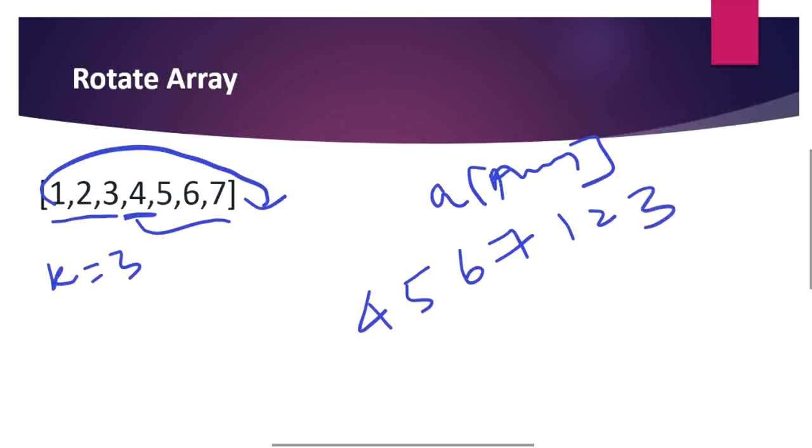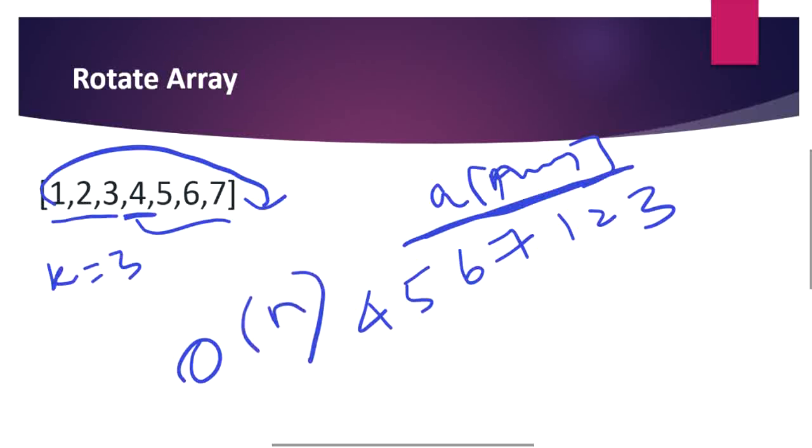By this way we can simply assign the values to an extra array and then return the values, but using an extra array will cause big O of n space complexity. Though this is done in big O of n time complexity, we still want to make it better by working with constant space. So how do we do it?